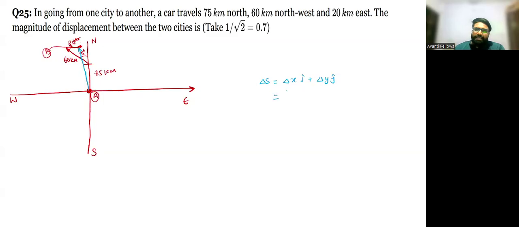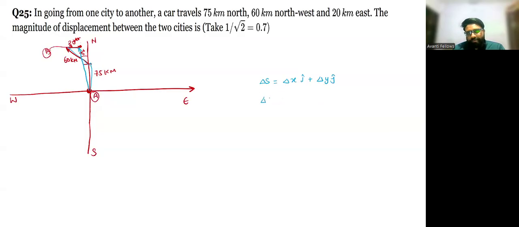Now delta x i cap is nothing but the displacement on the x-axis. What we are going to do, we have three distances covered: 75 km, 60 km, and 20 km. Got it?